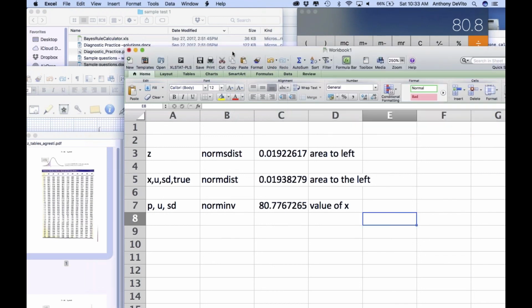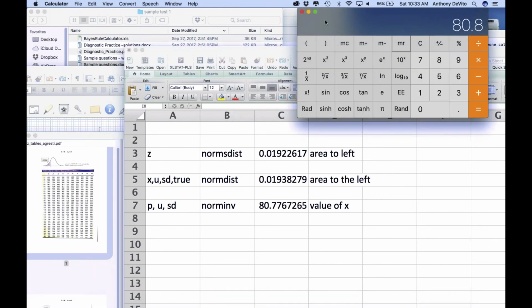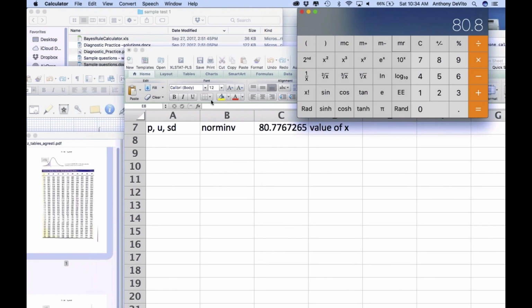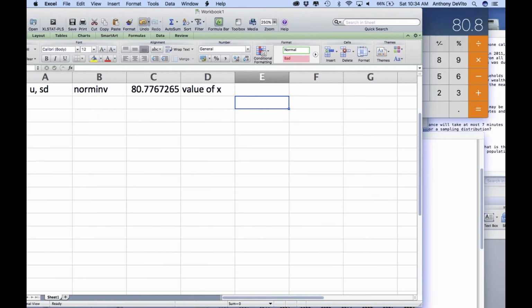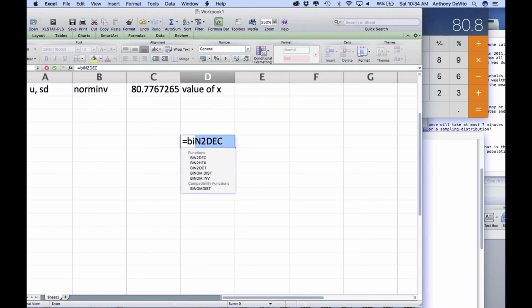Okay, so let's move on to the binomial distribution. Let me see if we have some interesting problems. While I have Excel open here, let me just quickly talk about the binom dist function in Excel. There is a function here called binom.dist. I'll use the dot dist version, same thing.